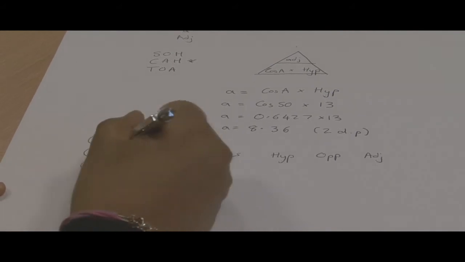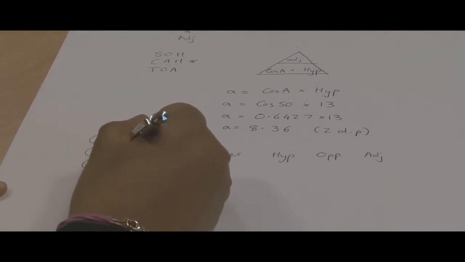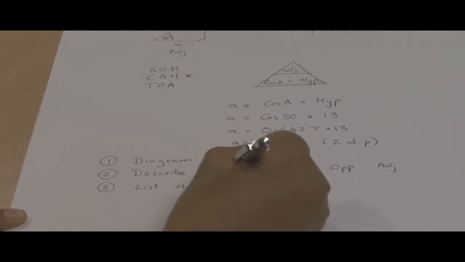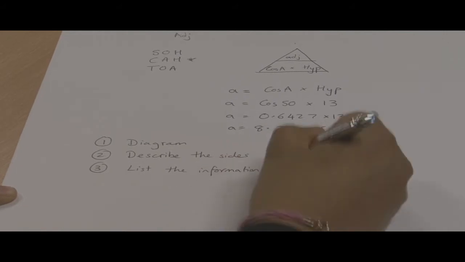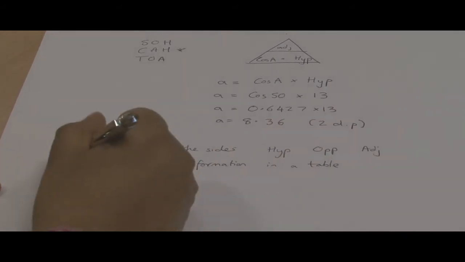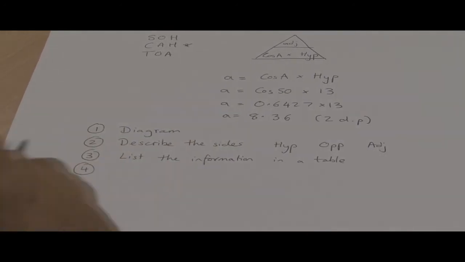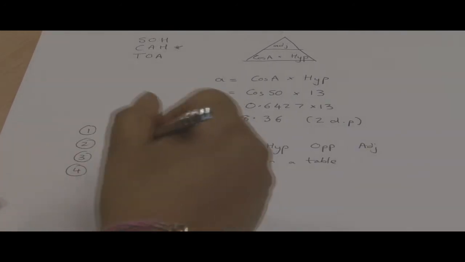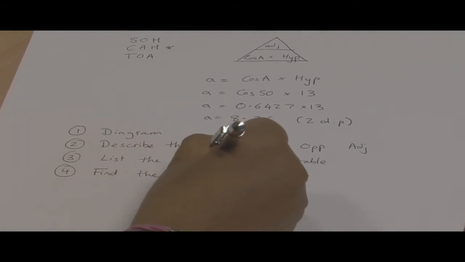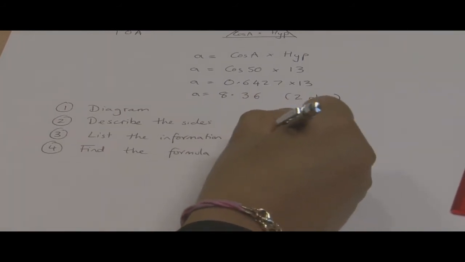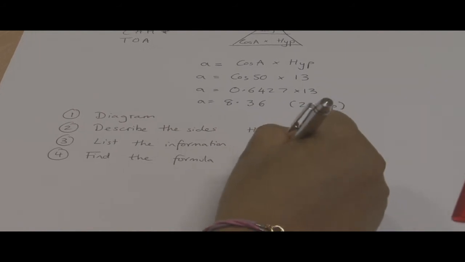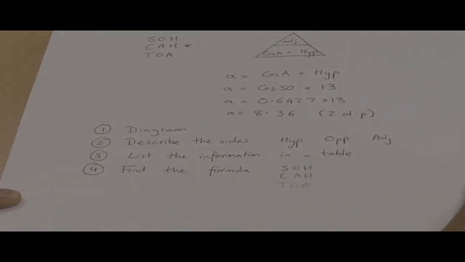The third step was to do a table, so list the information in a table. Step 4, you've got to find which formula you're working with. So you look at your SOHCAHTOA and figure out which one we're using.